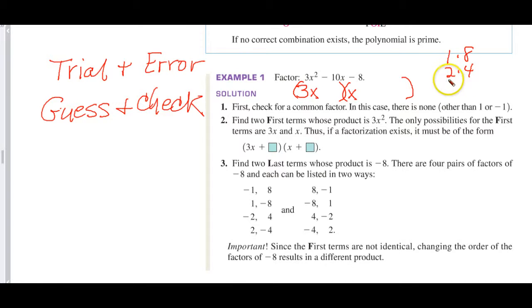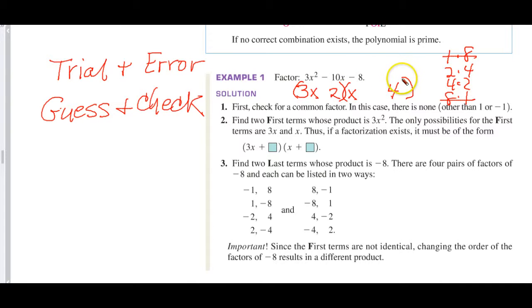You could also have 4 times 2 and 8 times 1, but it's a version of these up here. So I'm going to eliminate these right away because 3 times 8 is 24, nowhere near a 10. So I'm going to try through trial and error, guess and check, to put this 2 and 4 here.